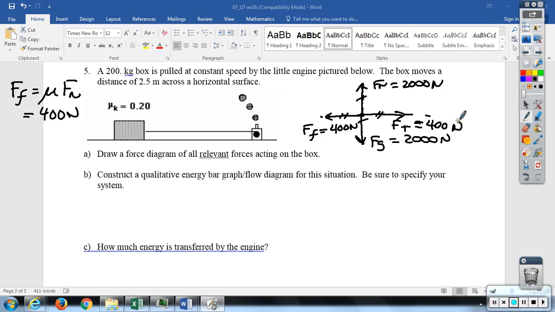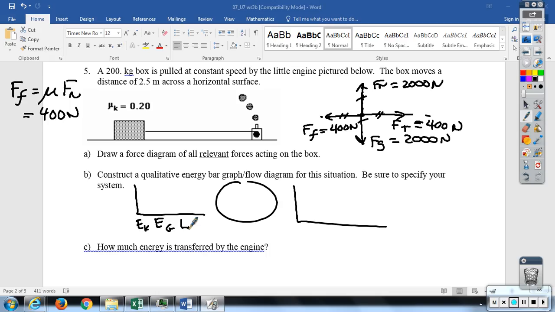If we were to draw a diagram for this situation, we label all of our energies. Before and after, we have to also include EQ.